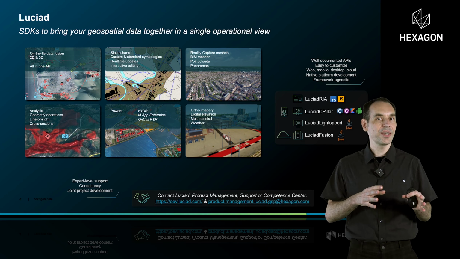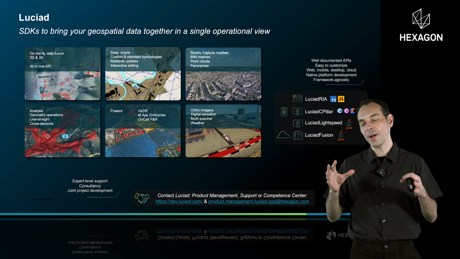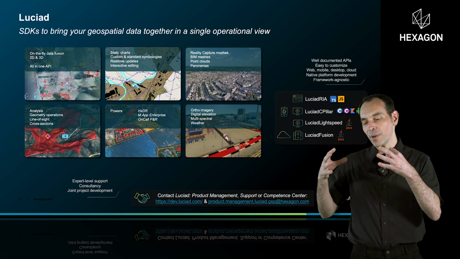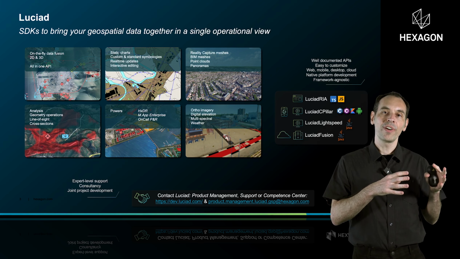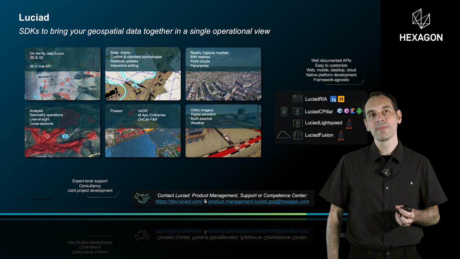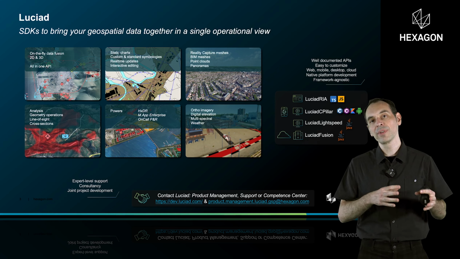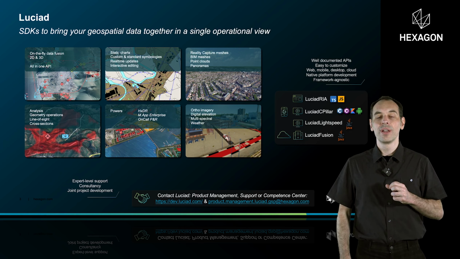We make SDKs that bring geospatial data together in a single operational view. And for that, we have 4 SDKs, each targeting a specific development ecosystem. LuciadRIA targets browser development with TypeScript and JavaScript. LuciadCPillar targets desktop development with C# and/or C++, but also Android.